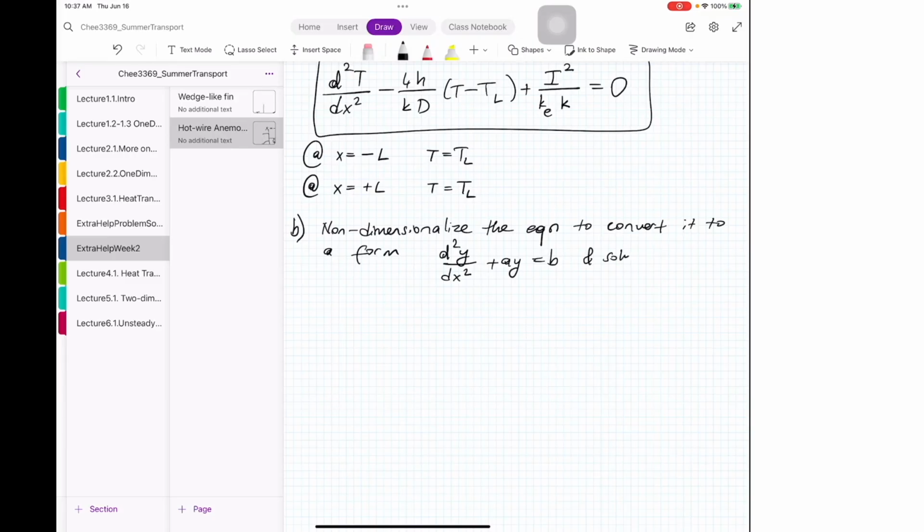So that's our task. What are we going to do? Any suggestion for the non-dimensionalization?